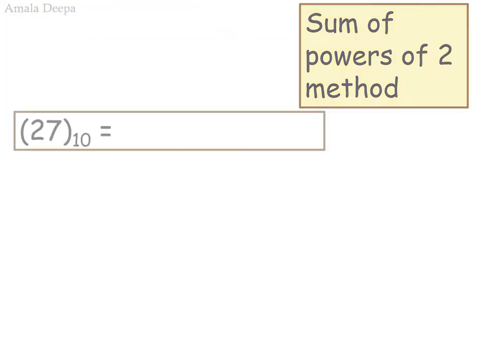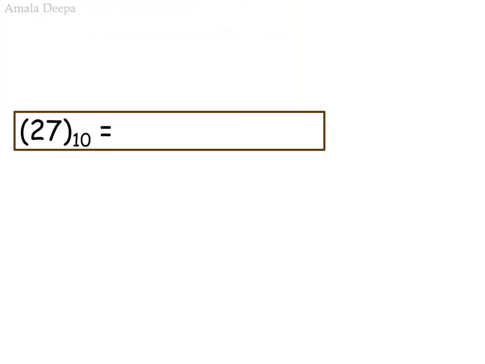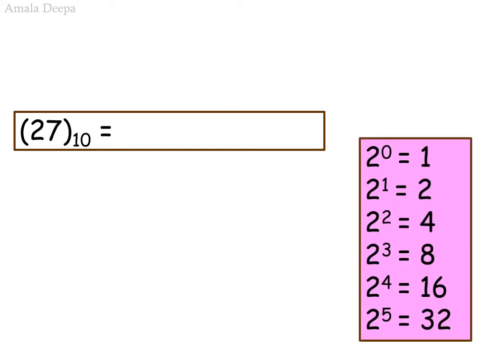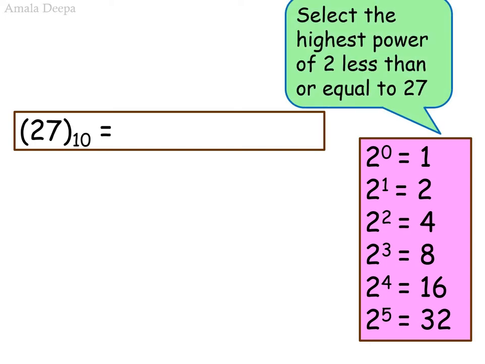So once again take the number 27. Here I have listed out the powers of 2. Select the highest power of 2 less than or equal to 27. From this table, you select 2 power 4, that is 16.